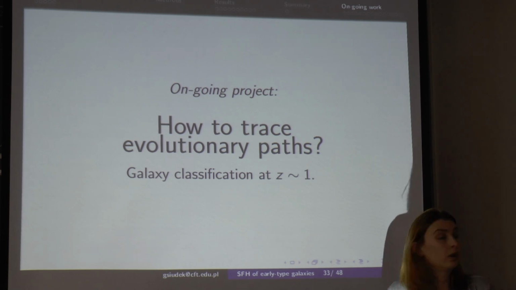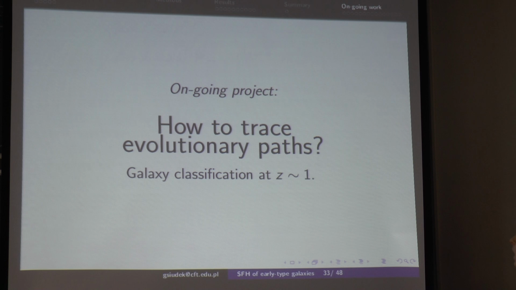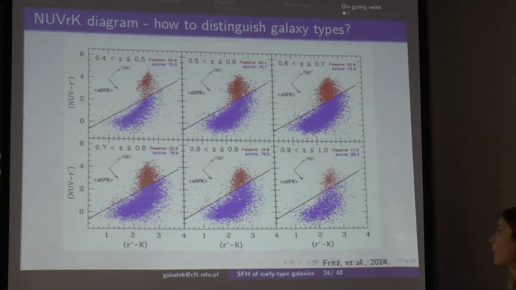Now I would like to present my project that I'm currently working on, which is focused on tracing the evolutionary path leading to the formation of spiral and elliptical galaxies observed in the local universe. So the question is how we can distinguish different types of galaxies at redshift 1.